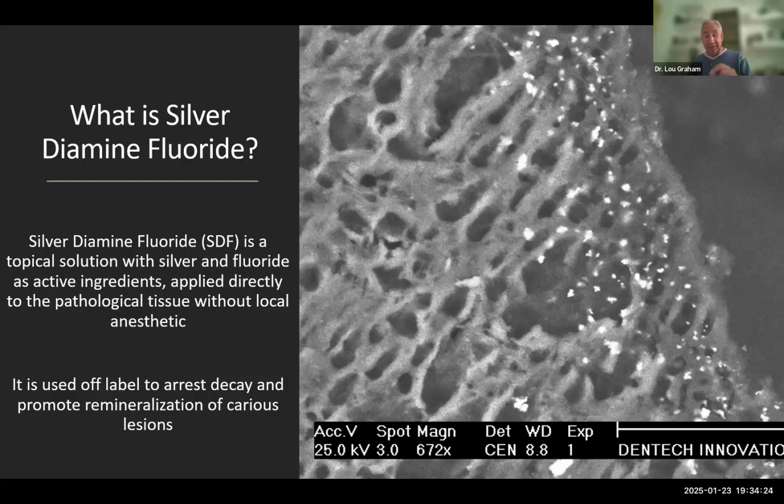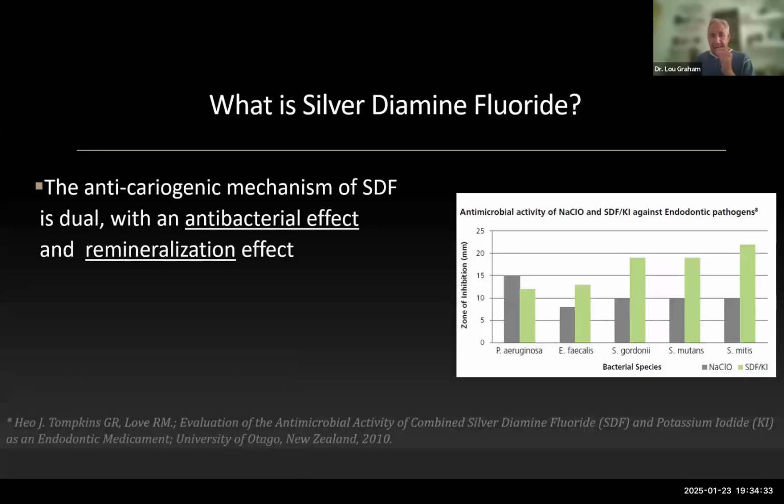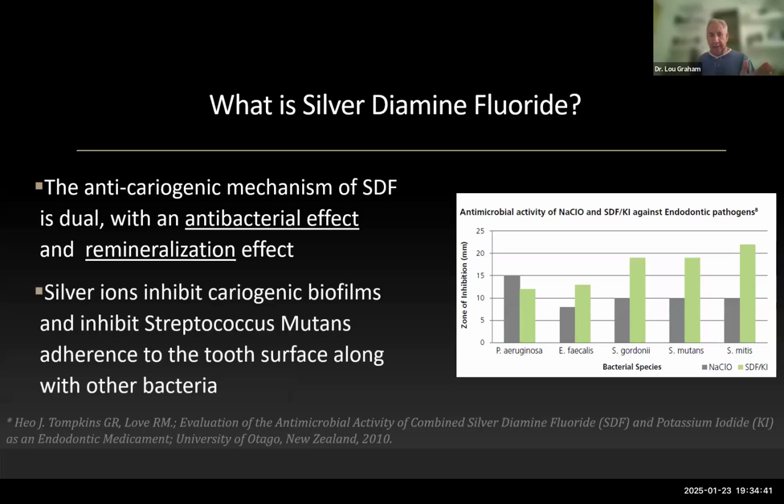But the key is, what it says is it promotes remineralization of carious lesions. We're going to dive deep into this. I think it's a twofold effect: an antibacterial effect and a remineralization effect. And it inhibits biofilms that can be Strep mutans.